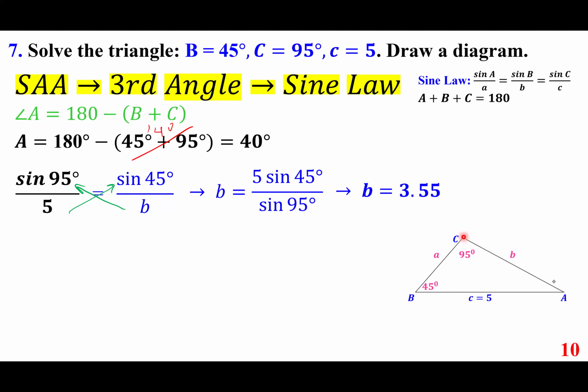So now that we have this side, we are moving towards this one. And again, we're going to use what we have. Sine of 95 over 5 we have. We're going to keep it. Now, sine of A over a. We found A to be 40 degrees. So sine of 40 degrees over lowercase a.